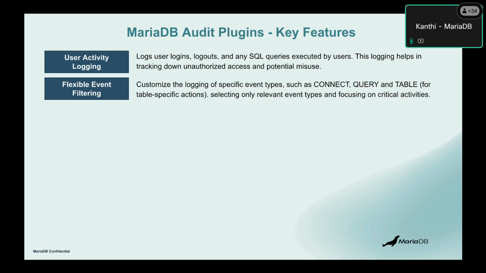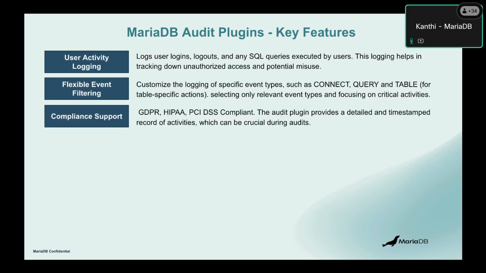I'm sure, in the trading applications and many other critical applications, there are sensitive tables in which the sensitive data is kept, right? So you may want to focus only on the activities happening in those tables by enabling the filtering mechanism.